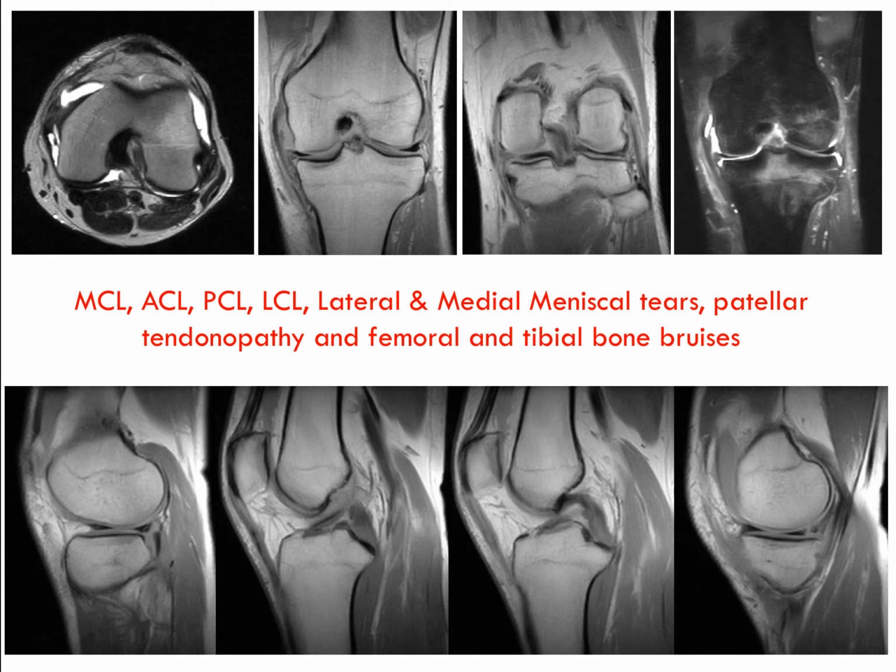So with MR, you look at the medial collateral, the anterior cruciate, posterior, all the way across, and including the patella tendon and the femoral and tibial bones. You can see that MR is a powerful tool for musculoskeletal, especially sports injury type applications, and that's why it's used extensively.